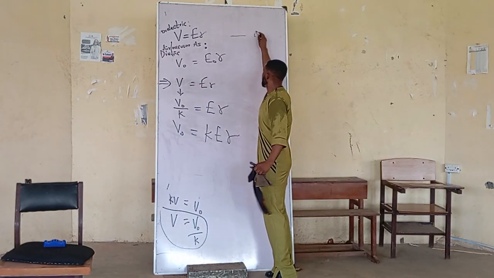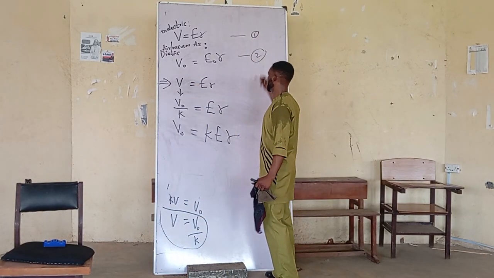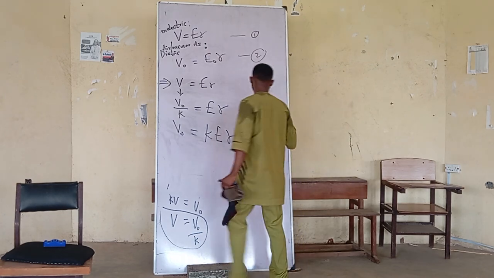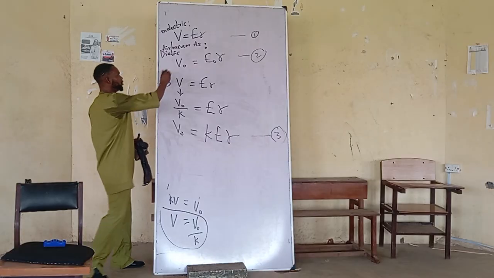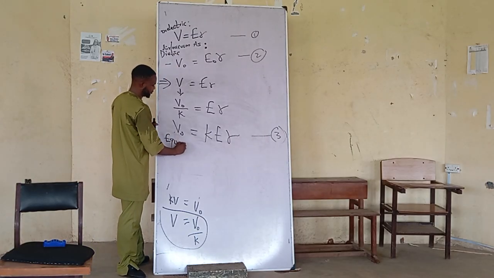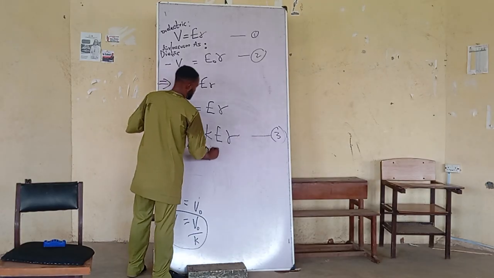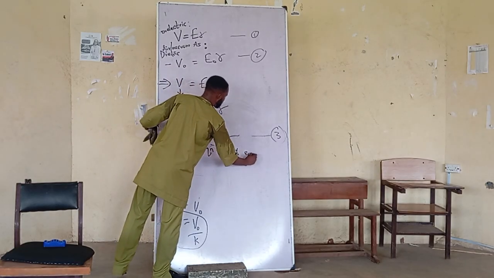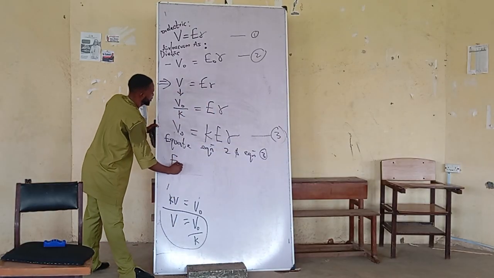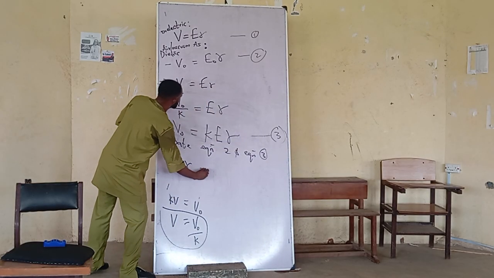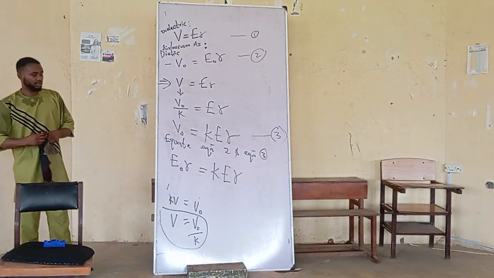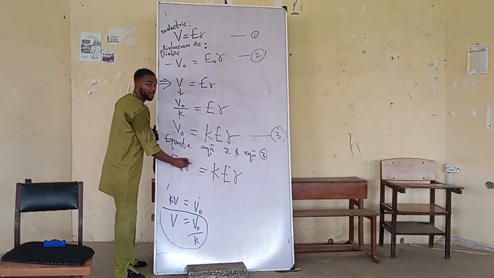Call the first equation 1, this one equation 2, then automatically this becomes your equation 3. So what I will now do is to equate equation 2 and equation 3, so that you now have E naught R equals K E R. Something is common here: the distance.